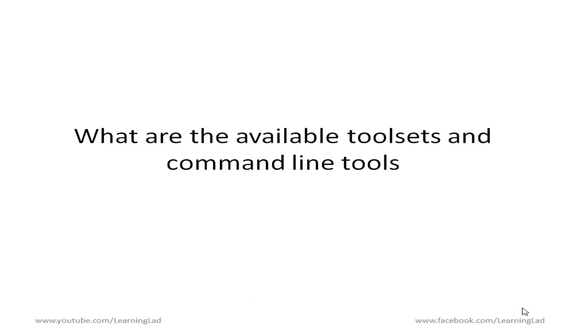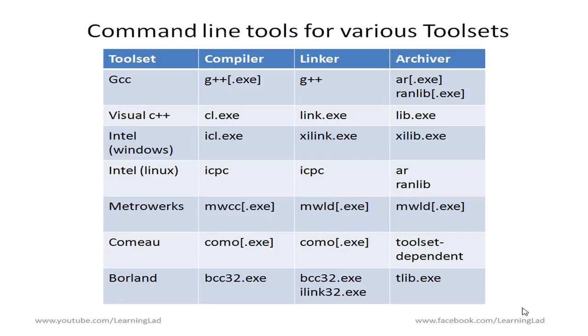Okay, now we know how C++ works, or the procedure to get the application or the executable from a C++ source file. What are the available toolsets and command line tools that we can use to do that? The command line tools for various toolsets are: if you select the GCC toolset, then you'll get the g++ compiler, g++ linker, and also ar or ranlib archiver.